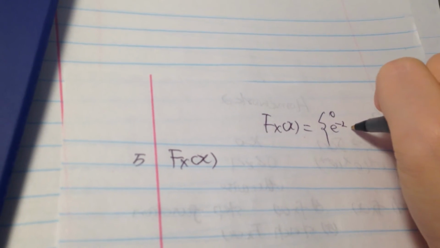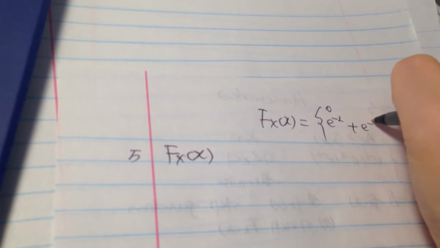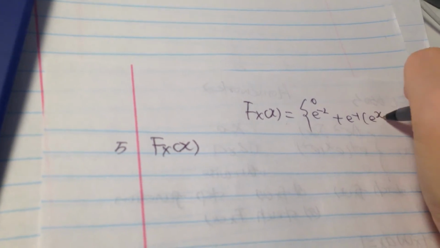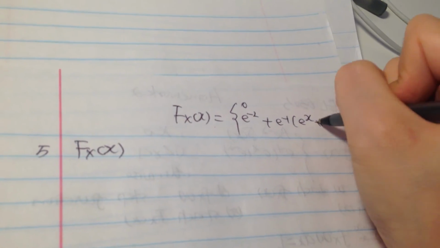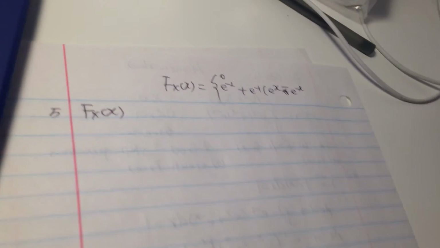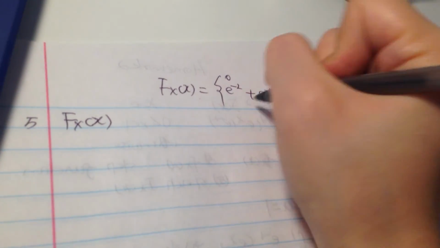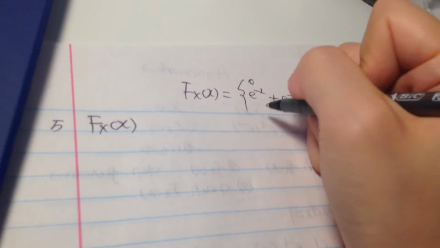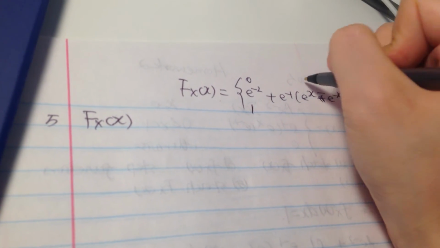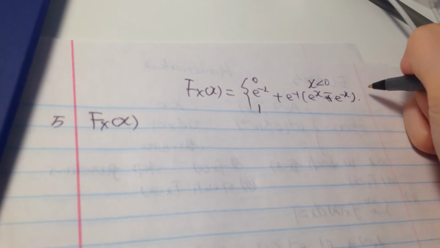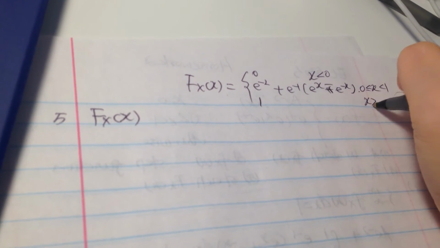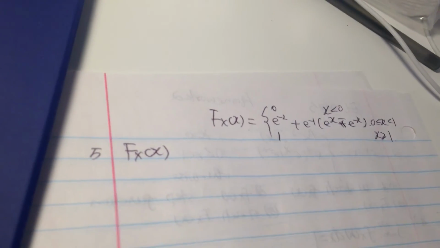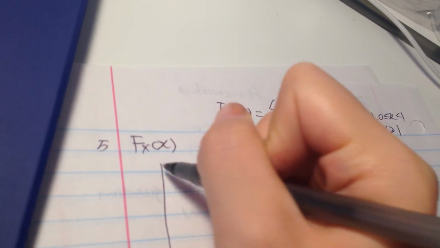It would be this. Oh, it should be minus. Yeah, it should be minus. Minus 1, x smaller than 0. So we're gonna draw it.